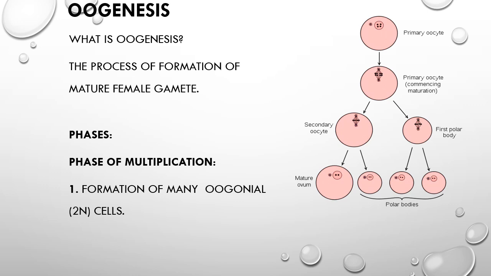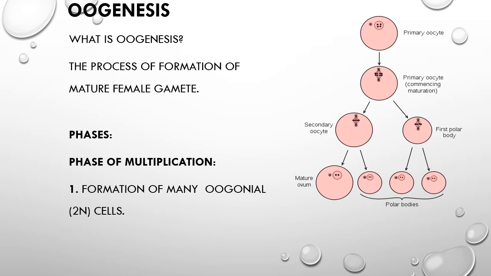I think you remember the structure of the ovary. In the structure of the ovary, we can see the outermost covering, which is called the germinal epithelium. In this germinal epithelial layer of the ovary, there are germinal cells, which are also called primordial germ cells.